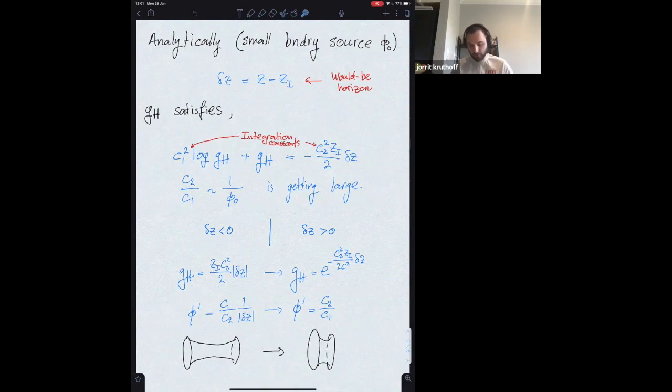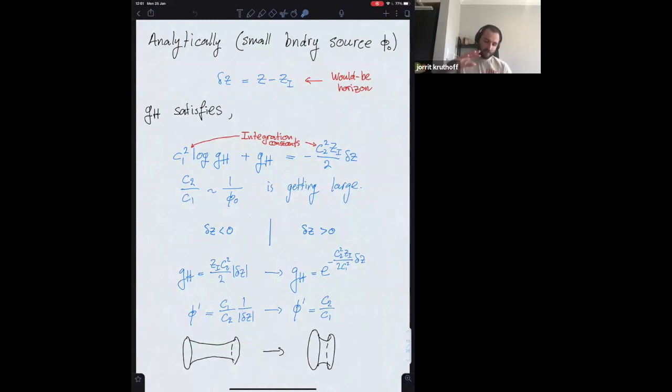It is only on the other side of the collapse, so delta Z positive, where the derivative is becoming large. And so schematically, if this is a finite stretch of the Einstein-Rosen bridge, it gets exponentially smaller in the other regime after the collapse.